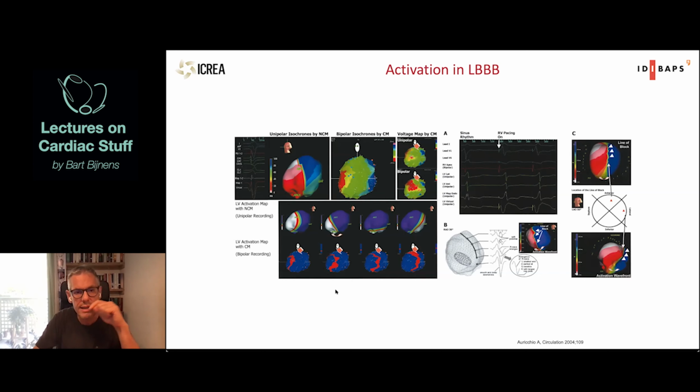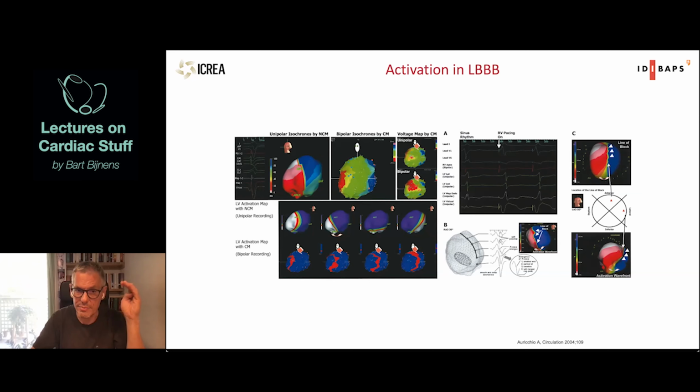As we said before, the septum is normally the earliest activated, and then we have very rapid spread of activation in all directions of the ventricle, with the slowest activation towards the base of the lateral wall, but at least the activation takes place from the septum and goes at the same speed in all directions.